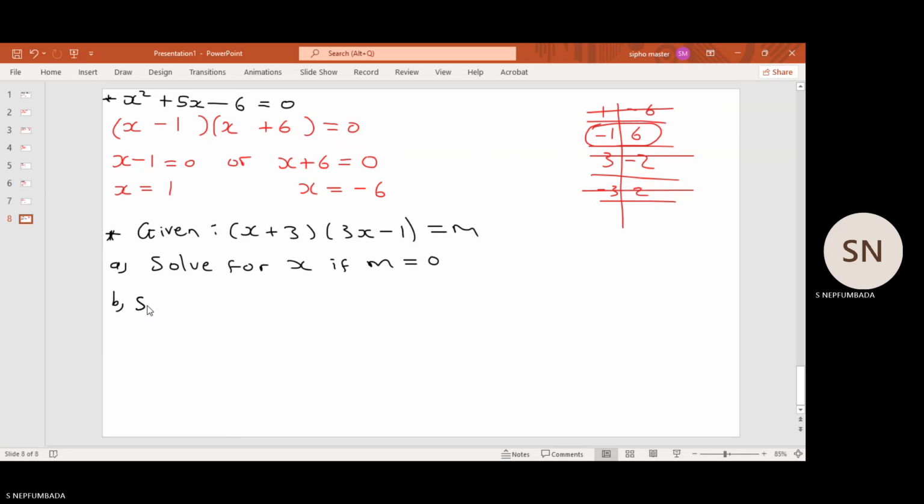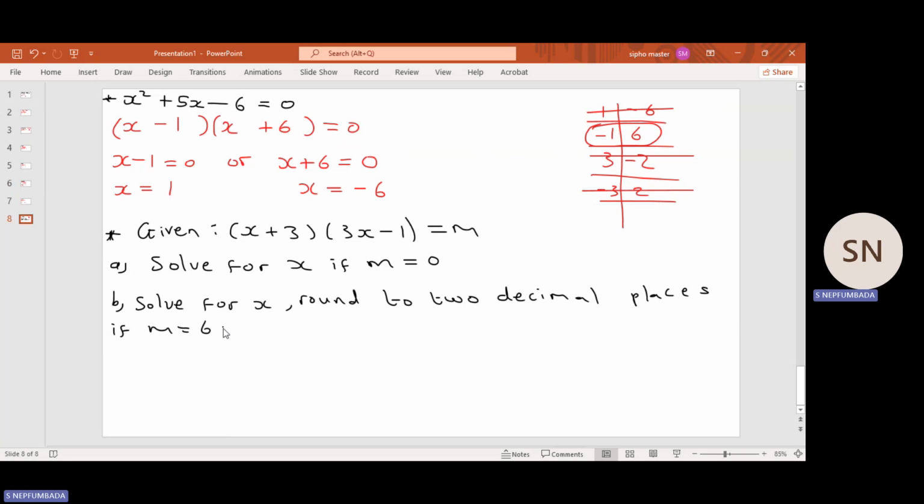B, they say solve for x, round to 2 decimal places, if m is equal to 6.